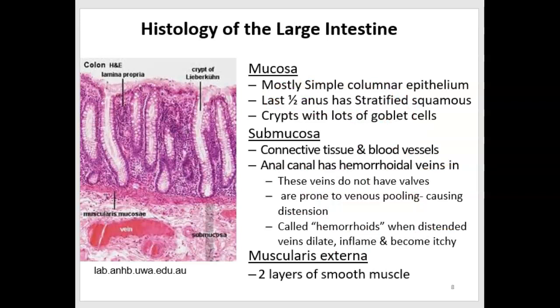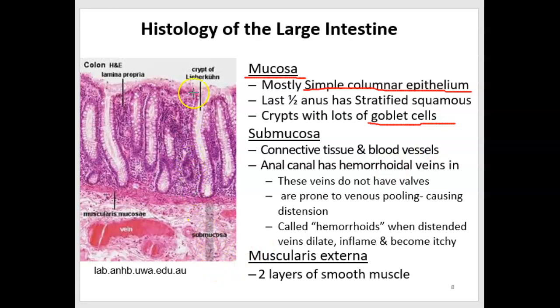Okay, from gross anatomy now let's look at the histology of the large intestine and what makes up the wall. So the innermost layer of the wall of the large intestine is the mucosa, just like everywhere. And most of it, from the cecum all the way down to maybe the sigmoid colon, is lined with simple columnar epithelium with lots of goblet cells.